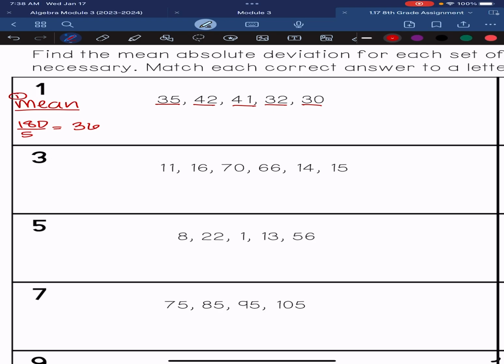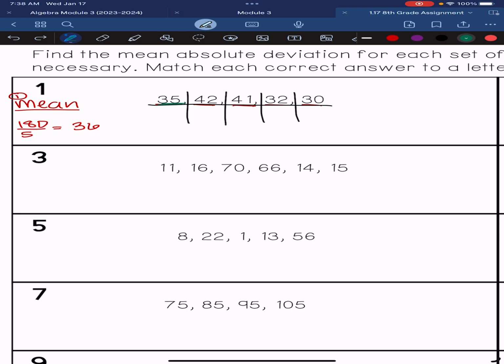That was step 1. Step 2, I need to find the distance. So remember how I told you if they don't give you a table to find the distances, you can make your own. Here's how we do that. Pretty easy. So now underneath those data points, I'm going to find the difference or the distance between our data point number and our mean.